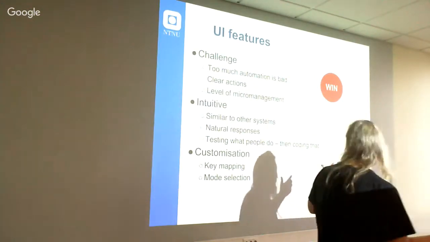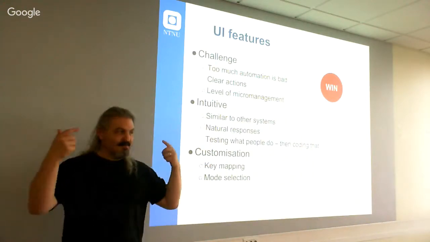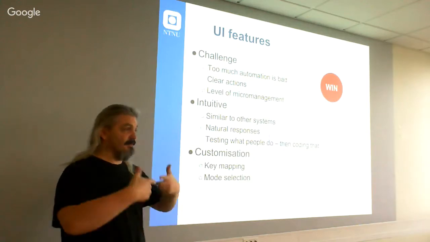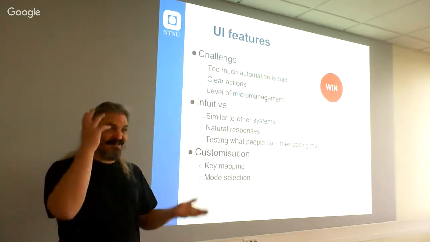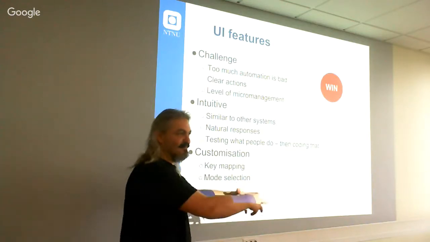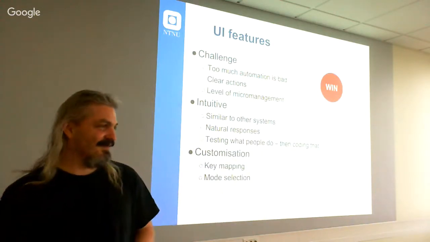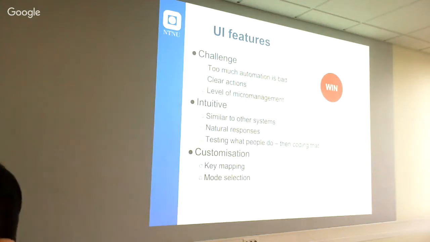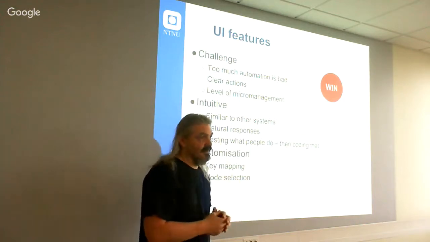Because if you're interested in what's a natural response, maybe because you've been developing the system, you've been thinking about it, you no longer have natural responses. Your brain has already molded itself into how to interact. And so you need to get people who don't already have the idea to use your system and see what's natural.